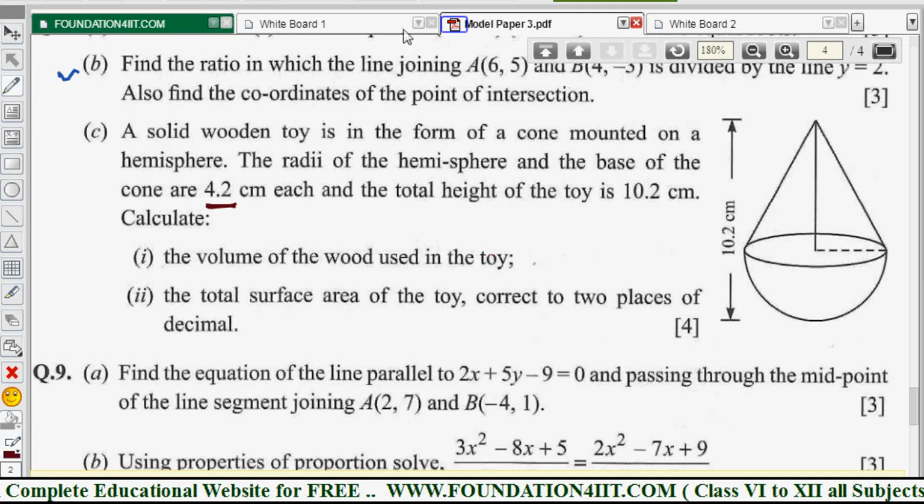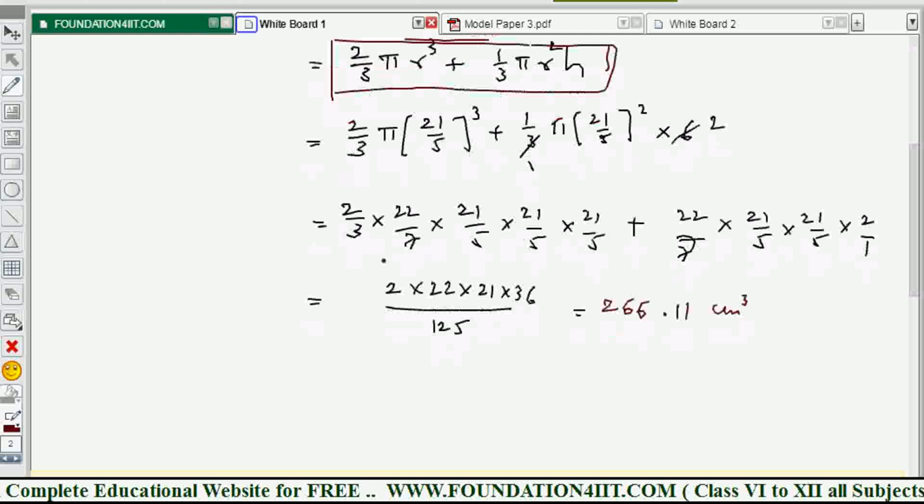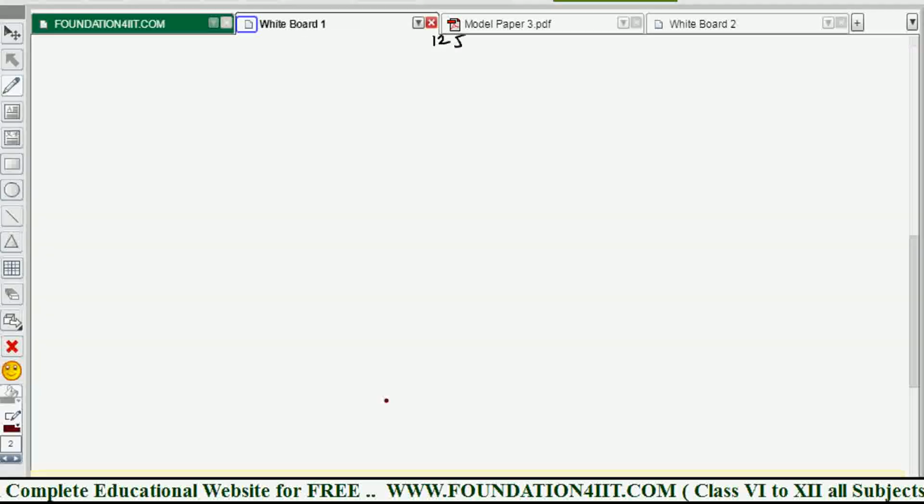So we need to find the slant height, because the CSA of the cone is pi r l. Slant height l is the square root of r square plus h square.